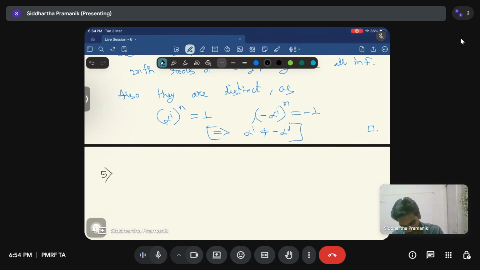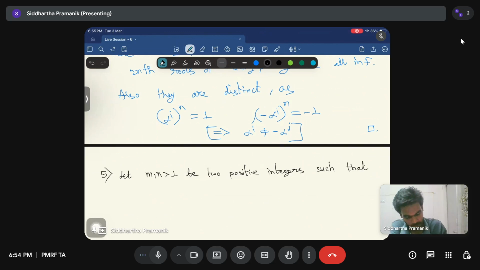Let m and n greater than 1 be two positive integers, and suppose that they are coprime, meaning their GCD is 1.